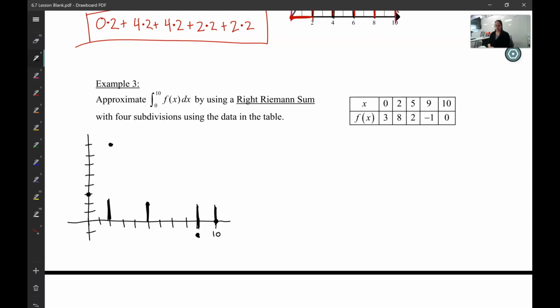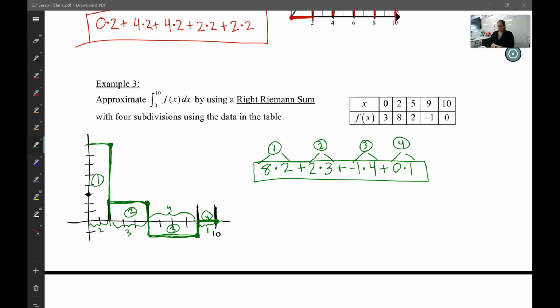There's my 4 subdivisions just as the table gave me. So what I would like you to do now is using this graph, I want you to try and graph what the right Riemann sum would be, find the area of those rectangles, and then come back and check to see how you did. Check what you got with what I got.